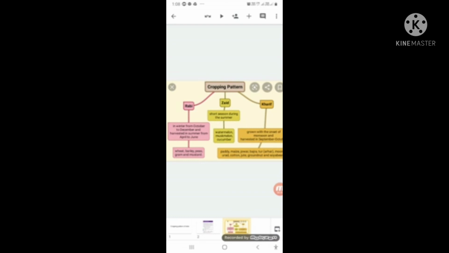The sowing season for these crops is winter, that means October to December. The same crops are harvested in summer, that means in April and June.